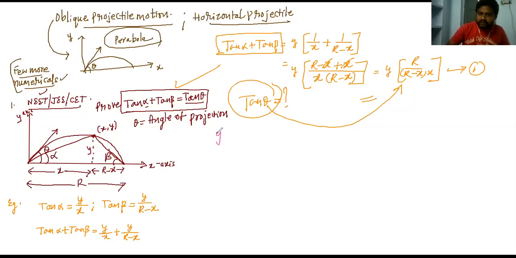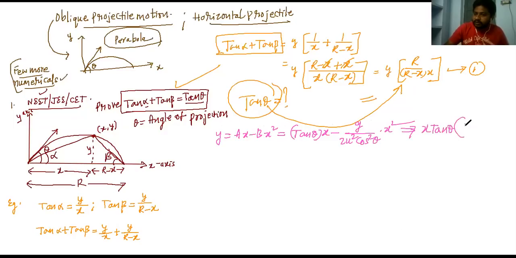From projectile equations, y is equal to ax minus bx square, so y is equal to tan theta into x minus g by 2u square cos square theta into x square. In the last class, we clearly discussed this. If you take x tan theta common, we get 1 minus x by range of the projectile. So let me write once again: y is equal to x tan theta into 1 minus x by R. We have proved it.